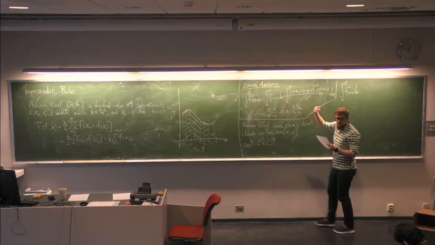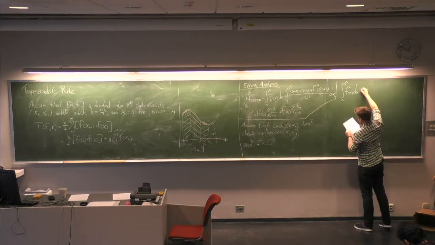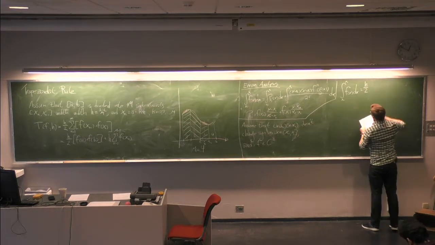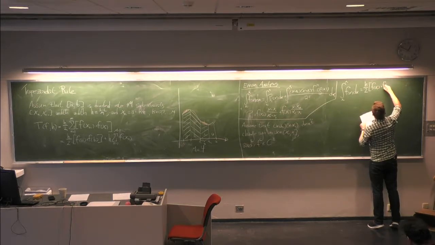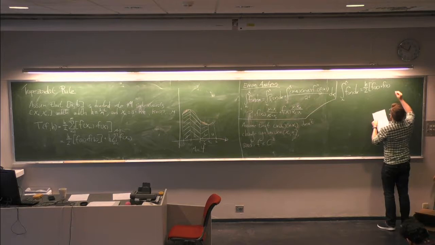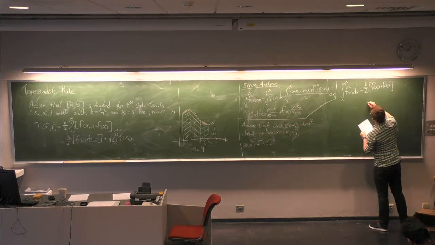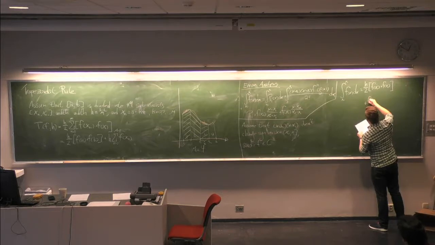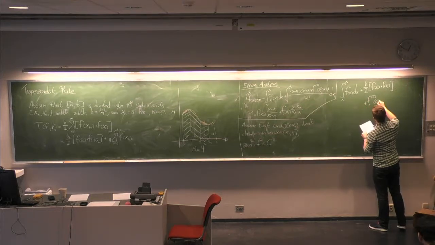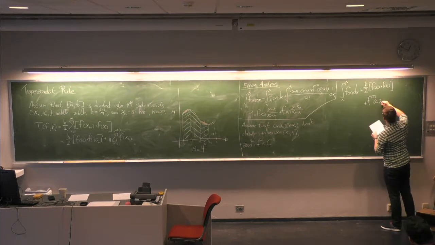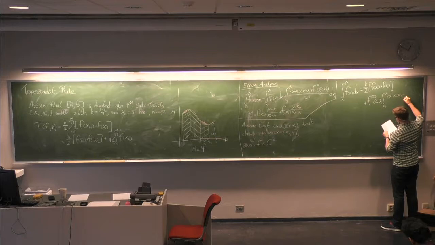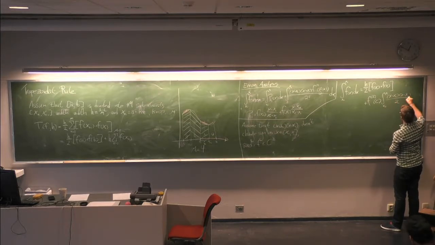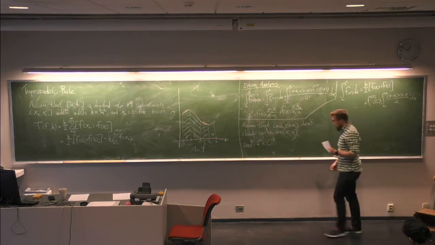The first one we can actually evaluate fully, then we have the part with f double prime of some constant c, times the integral of (x minus x0)(x minus x1) dx.